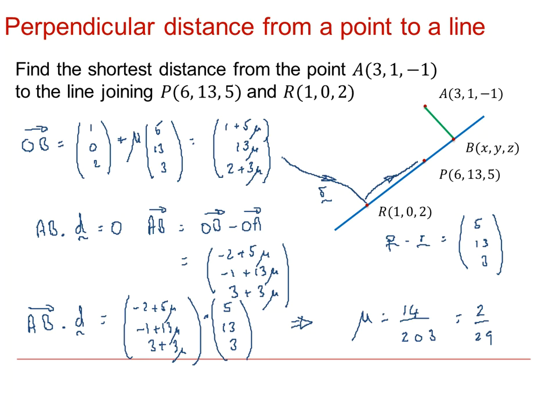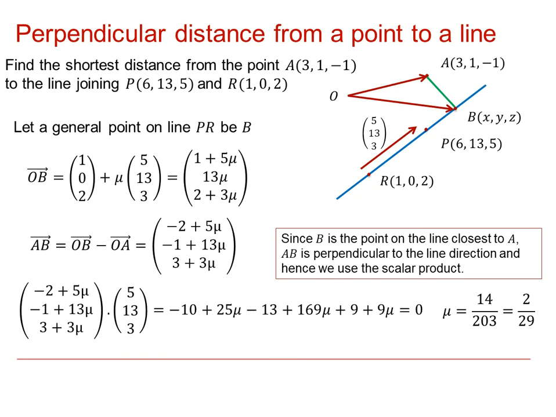On the next slide I've got a nice neat version of this for you, so that if you wanted to print it off you could. Now once we've got the value of mu equal to 2 over 29, we can then use that to find AB and hence the length. So that's quite straightforward.